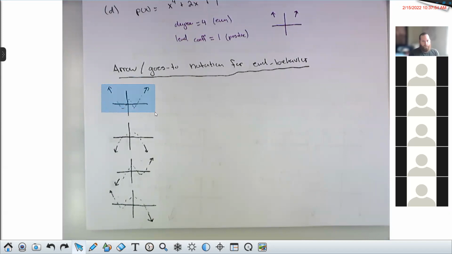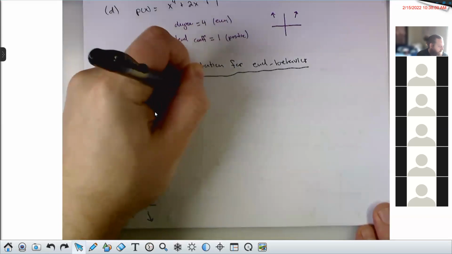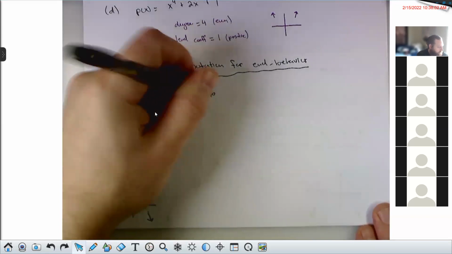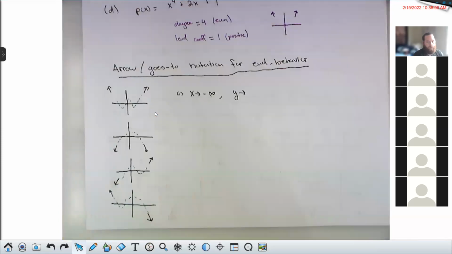Think about this first picture. If I tell you as x goes to negative infinity, y goes, and I'm going to put something after that second arrow, what makes sense to put here? Well, I'm talking about what happens to the graph as x goes to negative infinity.